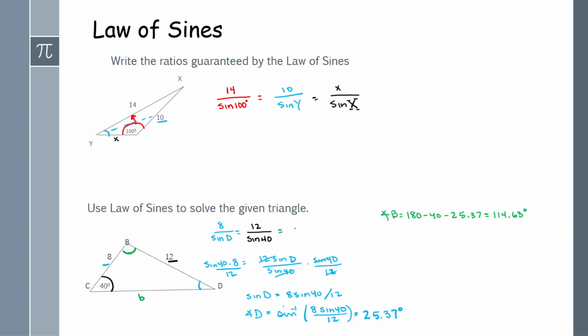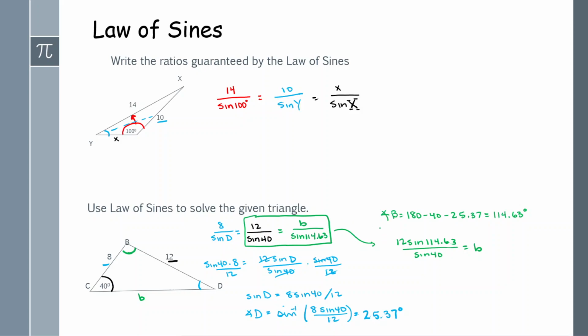So I'm going to set up my other ratio. Now that I know angle B, this one will cross multiply and get me 12 times the sine of 114.63 divided by the sine of 40 equals B by taking this proportion here.